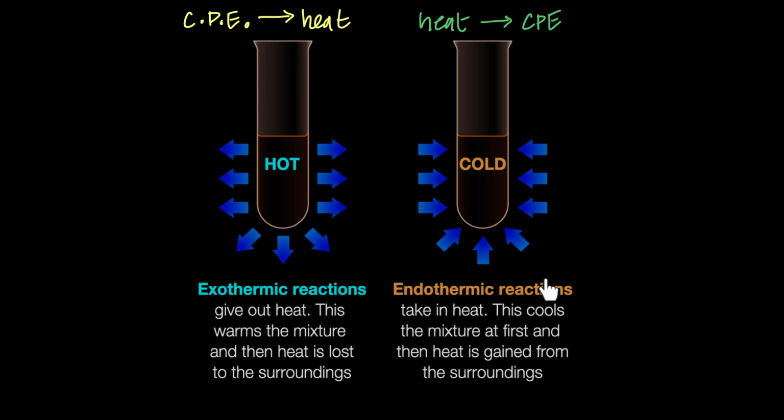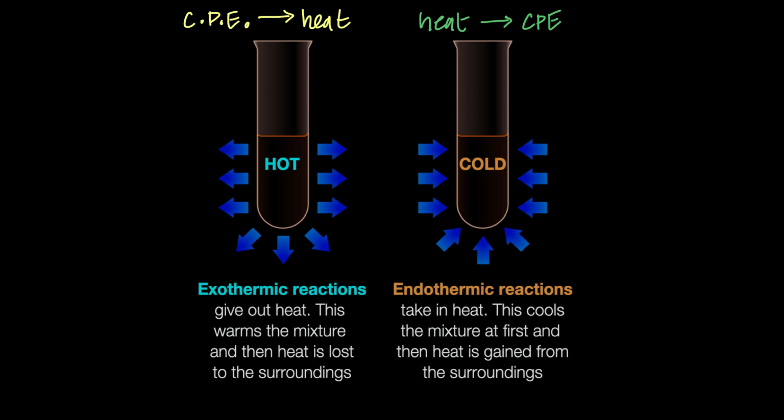But when you have an endothermic reaction, the whole system feels cold. Why? Because the heat of everything, the system and the surroundings, gets converted to chemical potential energy. So there is a decrease in the heat energy, and you start absorbing heat from other things, so you get cold.